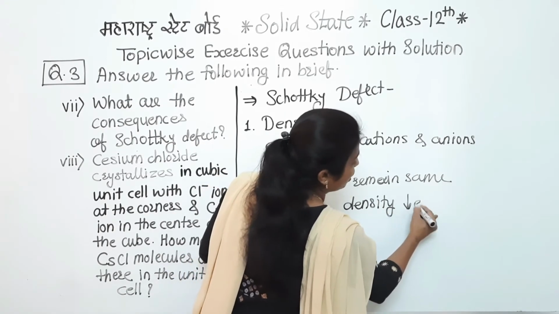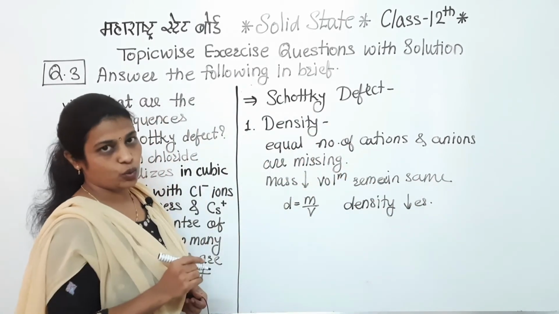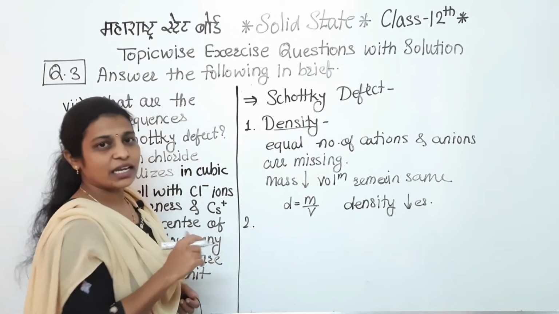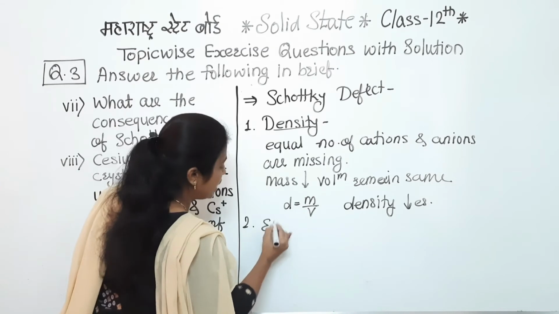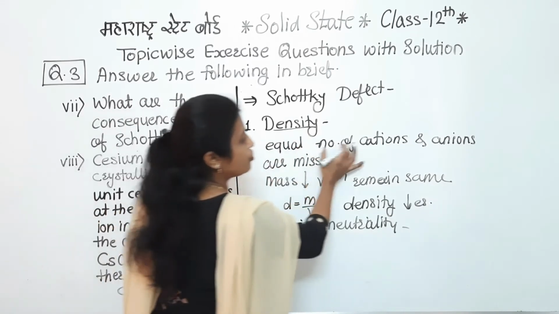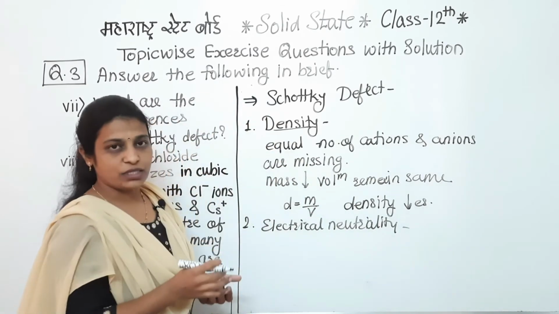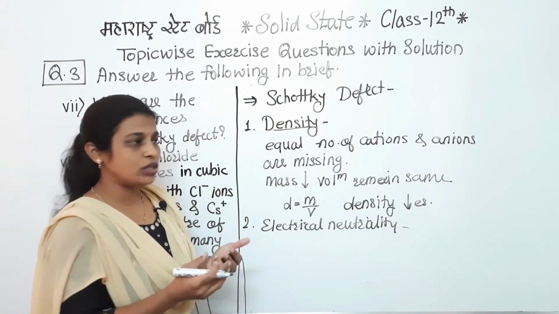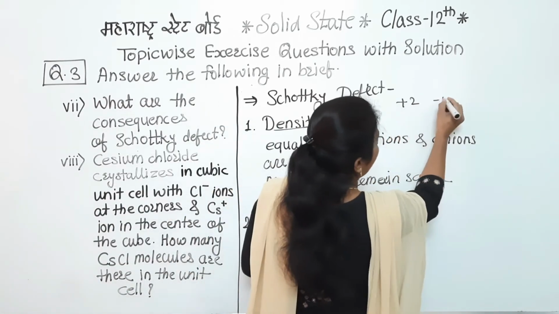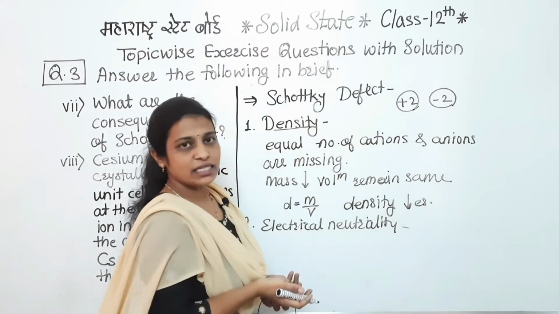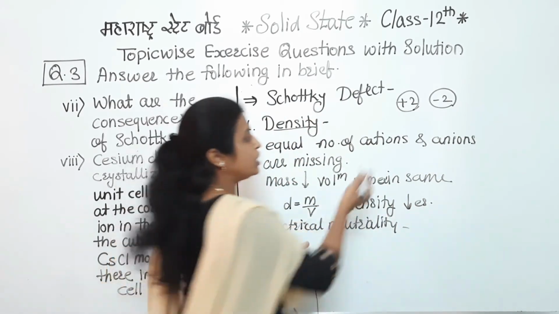Hope everyone understood the first consequence, which is related to the density. Second one, the second consequence, which is related to the electrical neutrality. The defect is because of an equal number of cations and anions missing. If they are missing, the charge will be the same, because if +2 and -2 charge is there, an equal number of cations and anions are there, so it will be neutral.